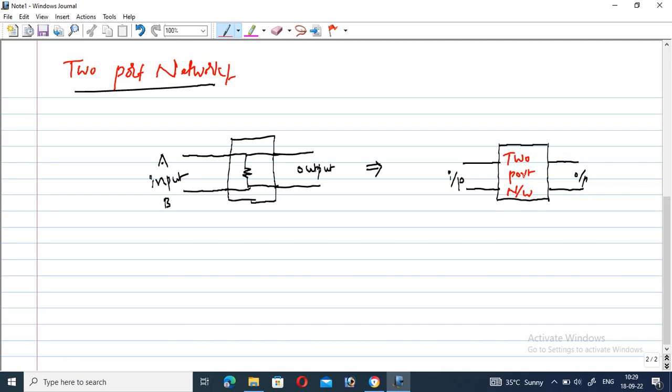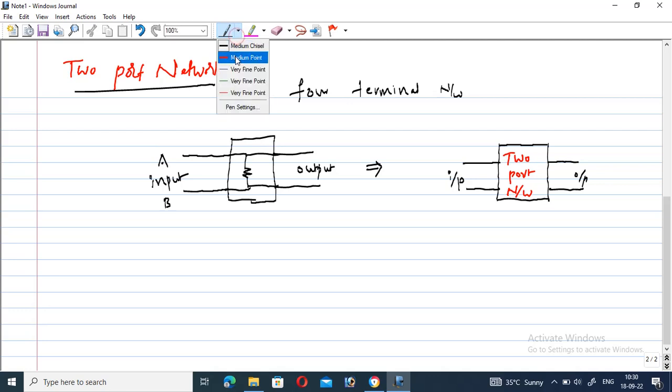So it is also called a four terminal network, because a one port network consists of two terminals, that's why we call it a two terminal network. Now it consists of four terminals, therefore it is also called a four terminal network.